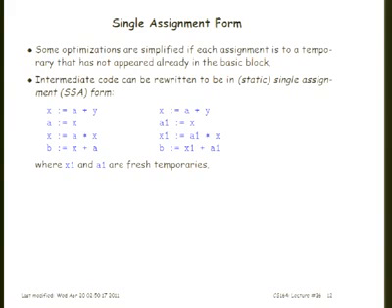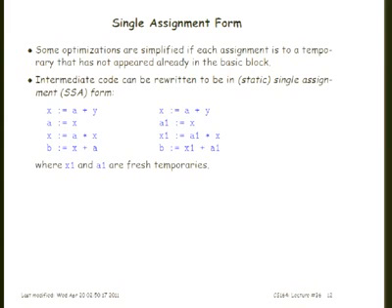All right, so those are a few examples of optimizations. Now, in order to talk about some of the rest of them, I'm going to take a little side trip here and look at a particular rewrite that we do.